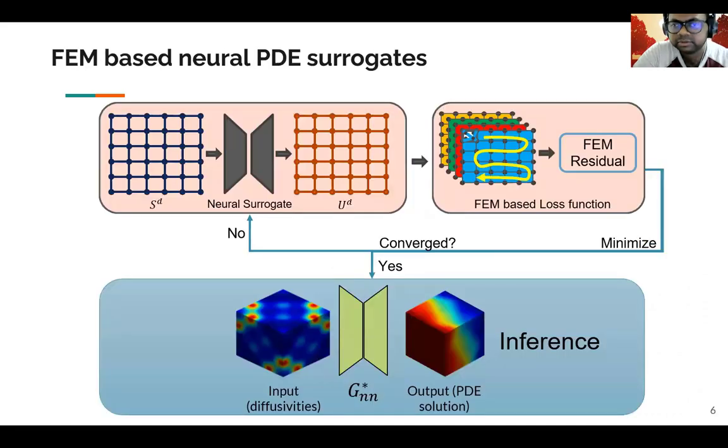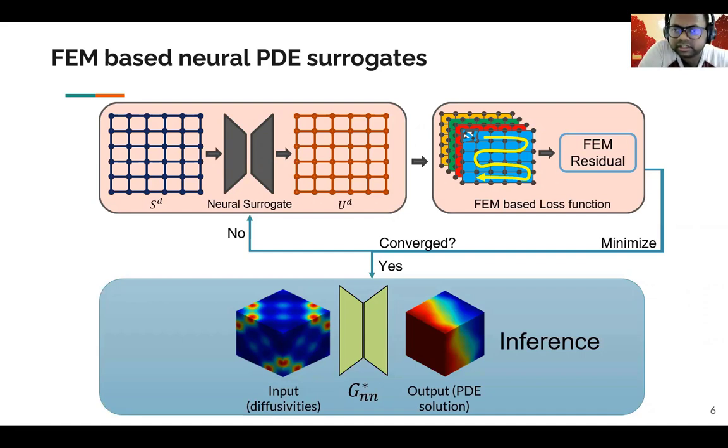The other approach, which we learned in sessions 5 and 6, is grid-based, either finite element or finite difference-based neural PDE surrogates, where you take a mesh grid of points, predict the solution of the physics on this grid, and then train the models.